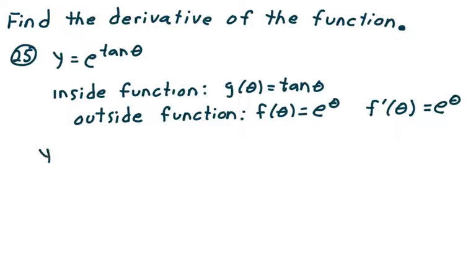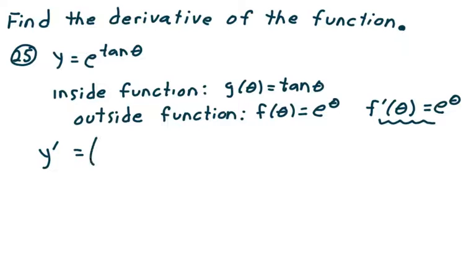And so if I want the derivative of y with respect to theta, I'm going to get the derivative of the outside function evaluated at the inside function. So in other words, I'm going to replace theta with tangent theta.